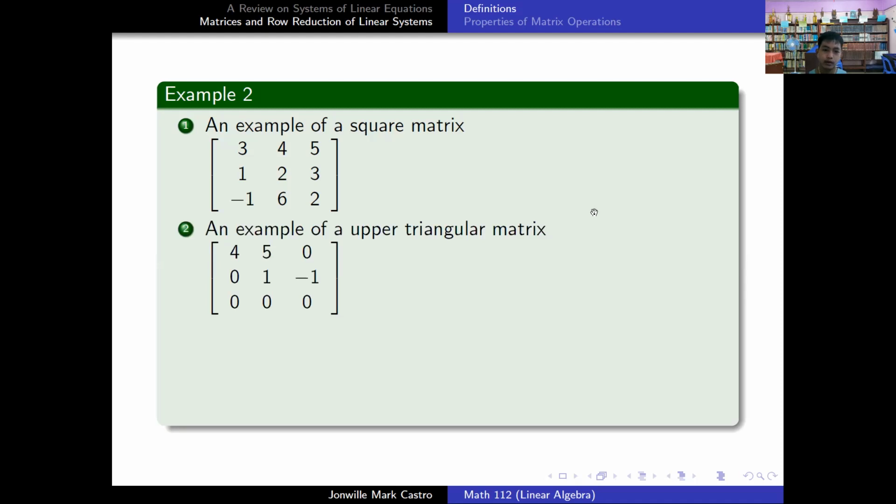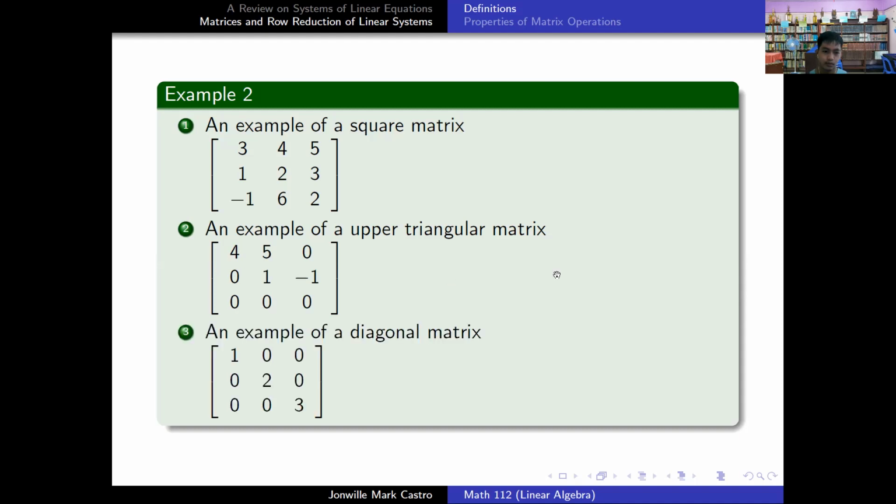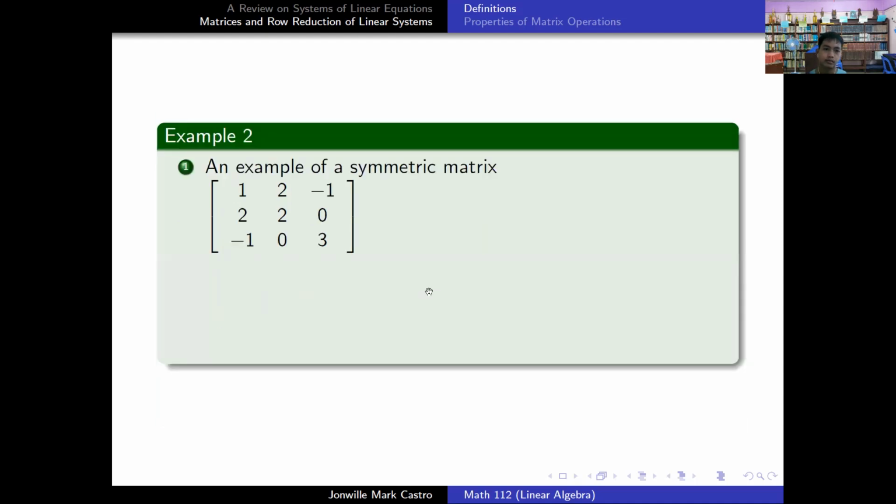We have an upper triangular matrix where yung lower half ng diagonal ay 0 lahat. So, ito. We have a diagonal matrix. All other entries except for the main diagonal are 0.